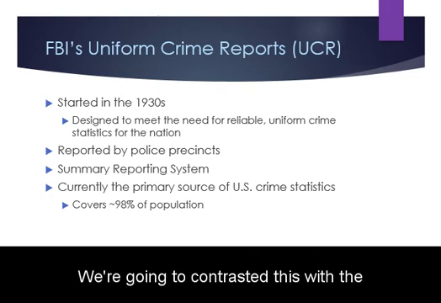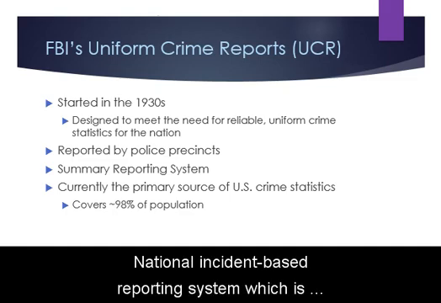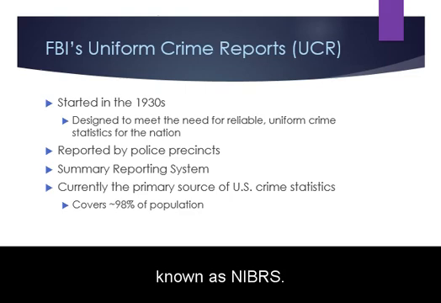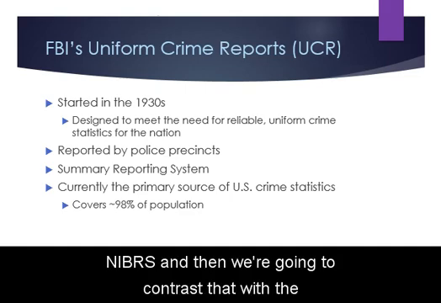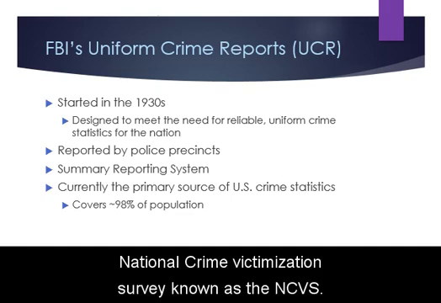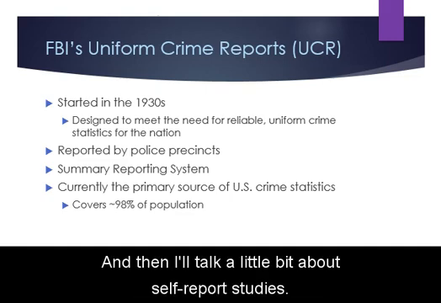We're going to contrast this with the National Incidence-Based Reporting System, which is known as NIBRS, N-I-B-R-S, and then we're going to contrast that with the National Crime Victimization Survey, known as the NCVS, and then I'll talk a little bit about self-report studies.